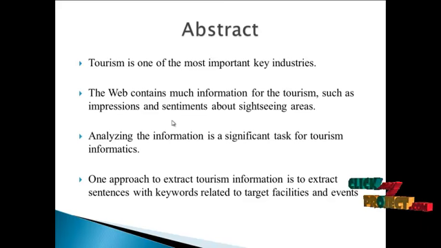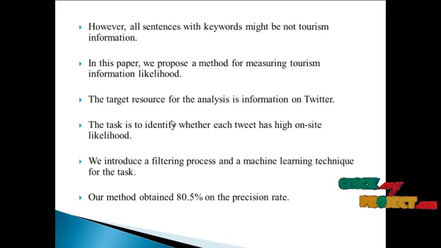The information will be extracted by the features and popular areas which the reviewers mentioned in their comments. One approach to extract tourism information is to extract sentences with keywords related to the target facilities, like food, cottages, and places.